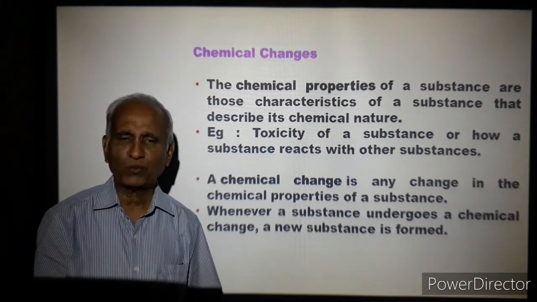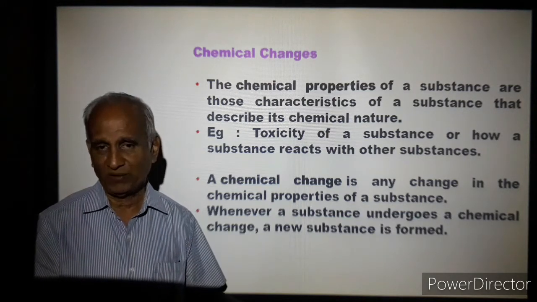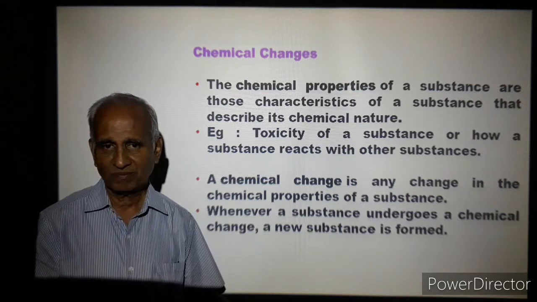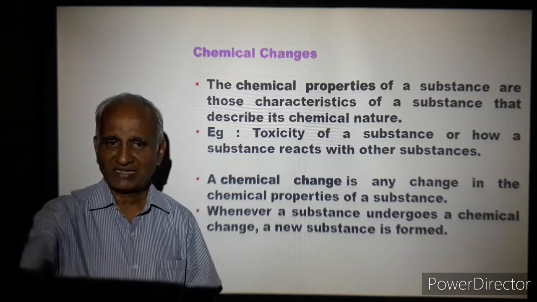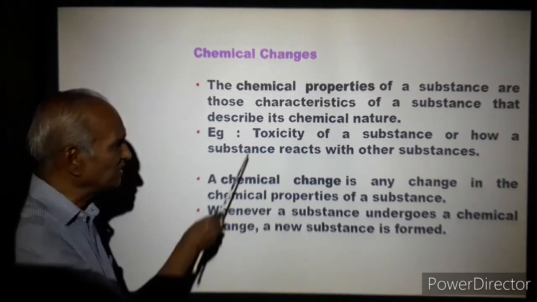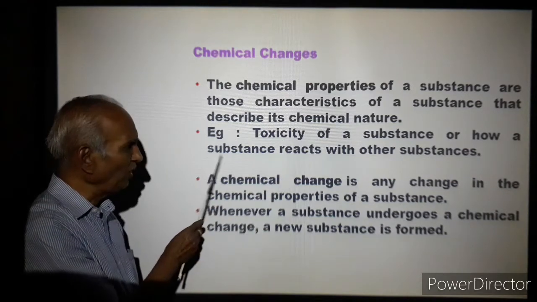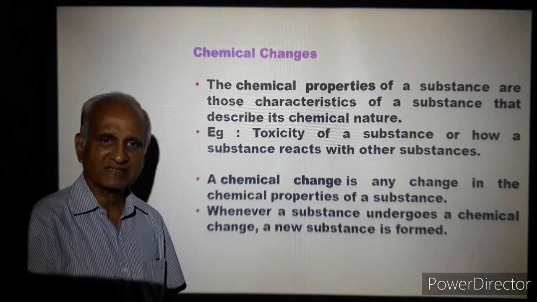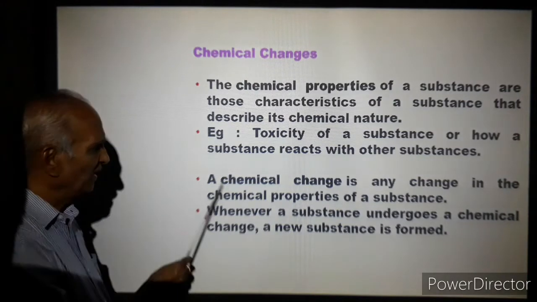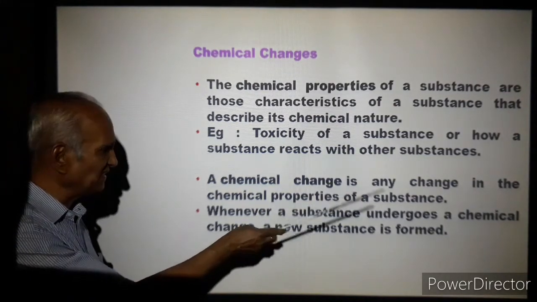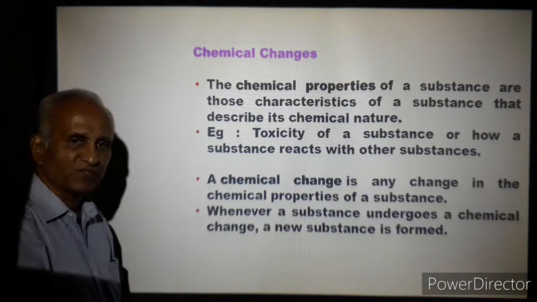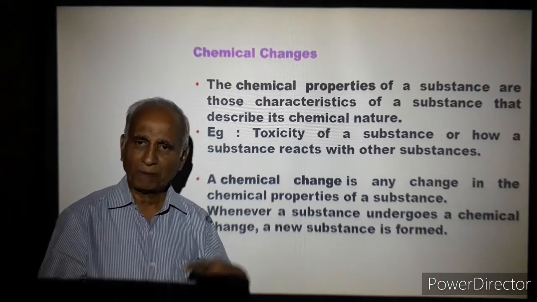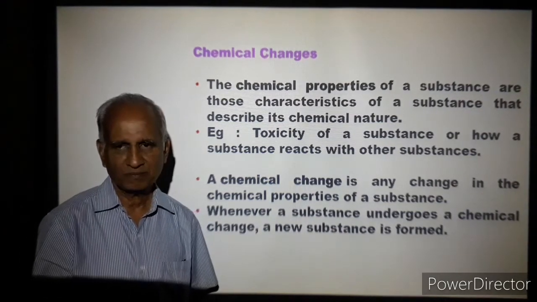We may fall sick over a few days or we may even die. See, to what extent things happen. Toxicity of a substance or how a substance reacts with other substances. A chemical change is any change in the chemical properties of a substance. The chemical properties undergo a change.